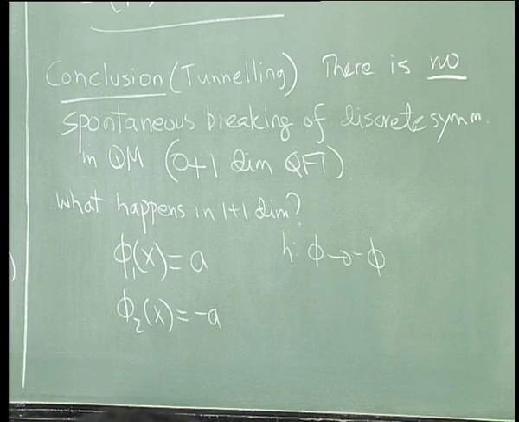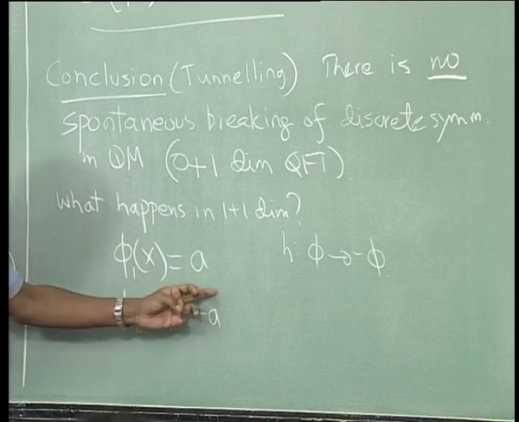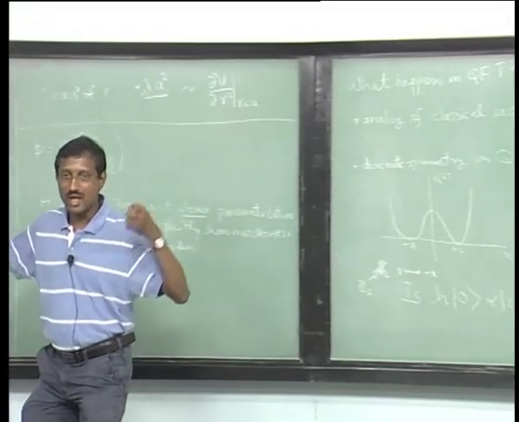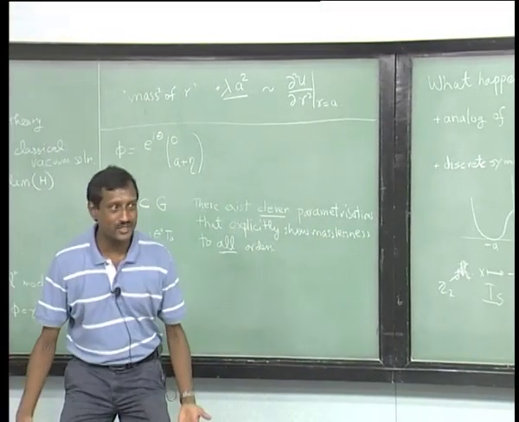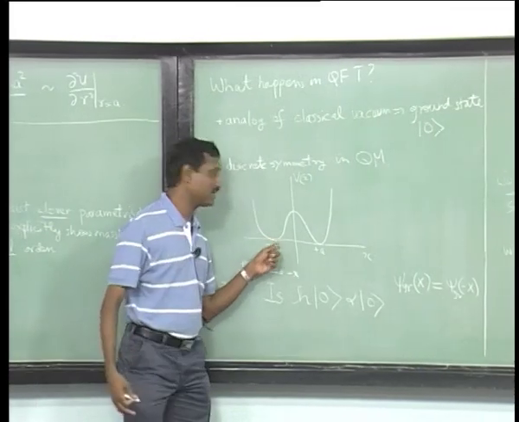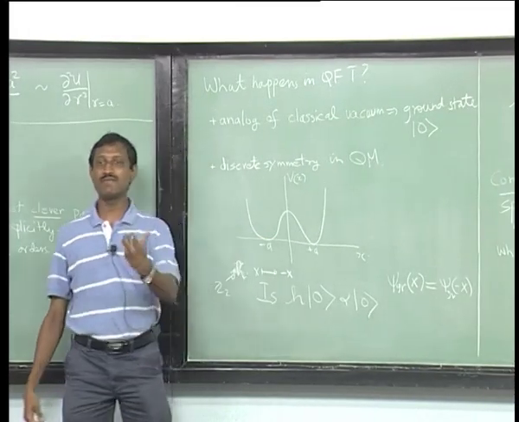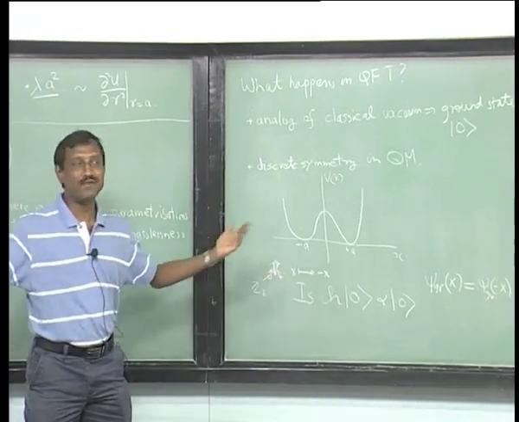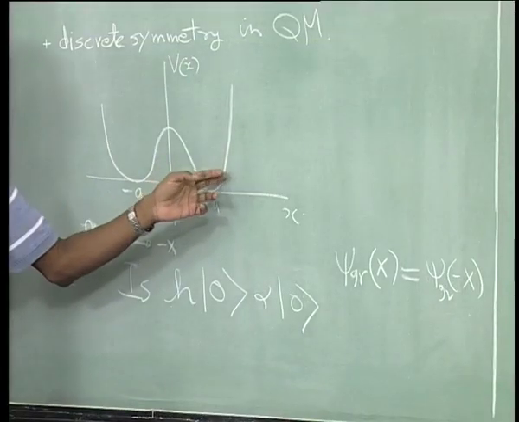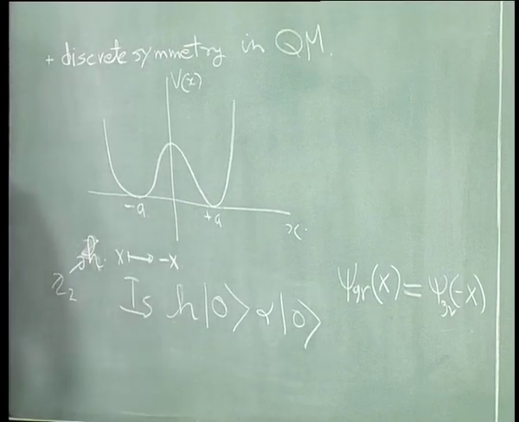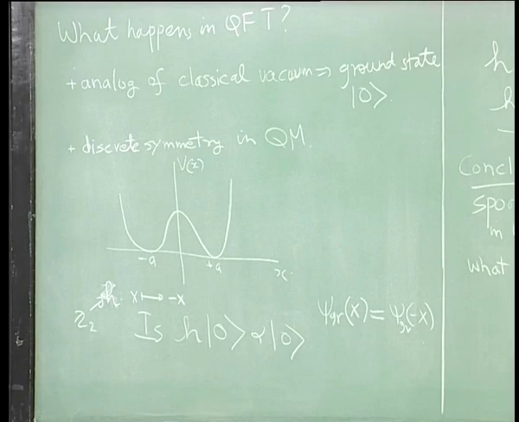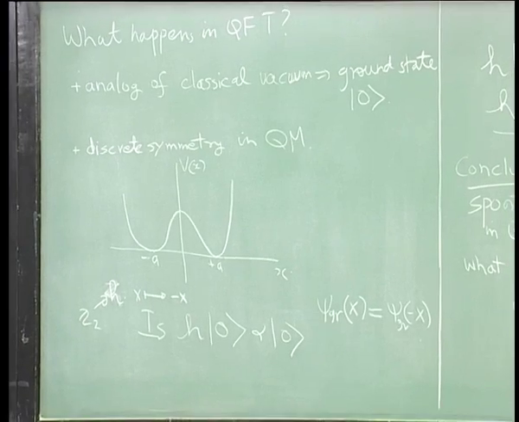The question here is, suppose I prepare the system in this state. I could have done the same thing in quantum mechanics. I can start with an initial configuration where the particle is localized at this well, choose a wave packet localized there, and you can show that after some time there is a finite non-zero probability, because of tunneling, that shows that the true ground state is indeed something else.